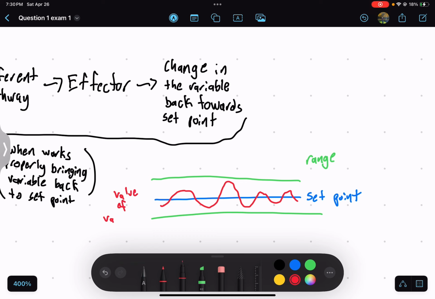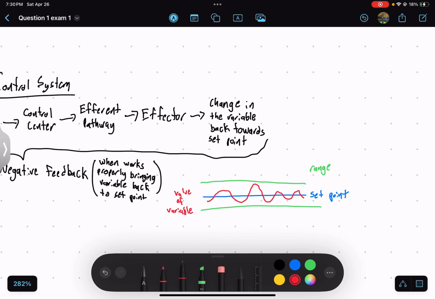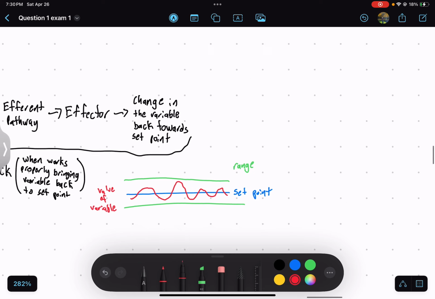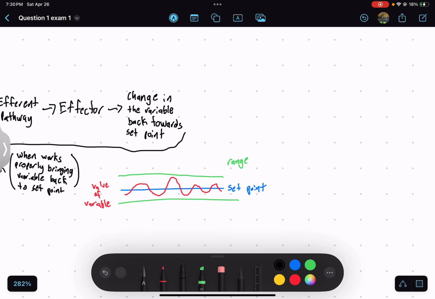And that's just the value of the variable. So this is what we want to look for. This is generally considered negative feedback as well, because as you see right here, it is going away from the set point and then back towards, and then away from, back towards, and then constantly going to set point.